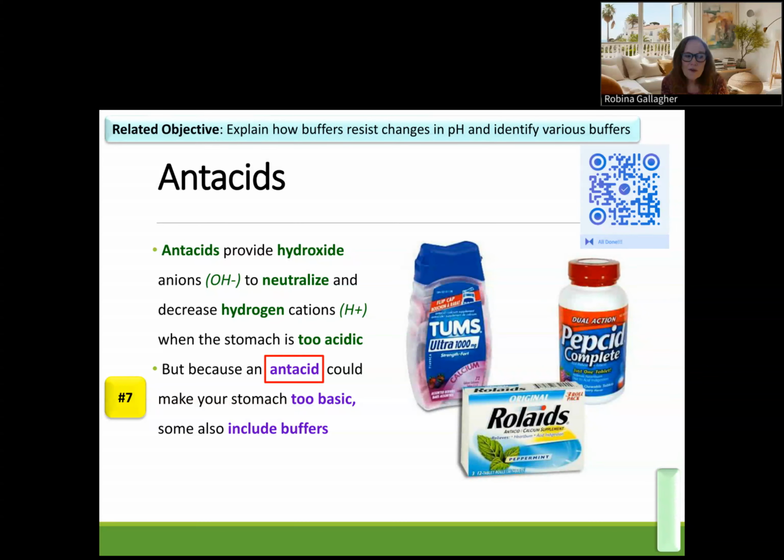So even though your antacid helps neutralize your stomach acid when there's too much, it also includes some buffers in there so that your stomach doesn't become too basic and throw off your metabolism. Okay, so Tums, Rolaids, Pepcid, all of those things.